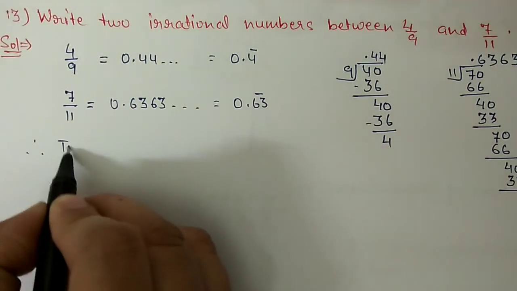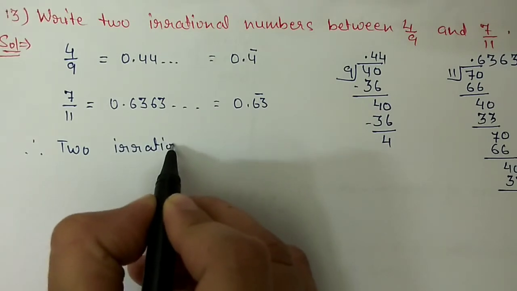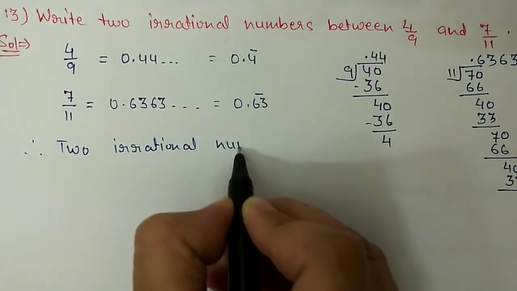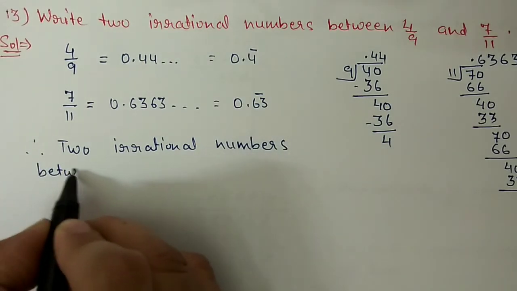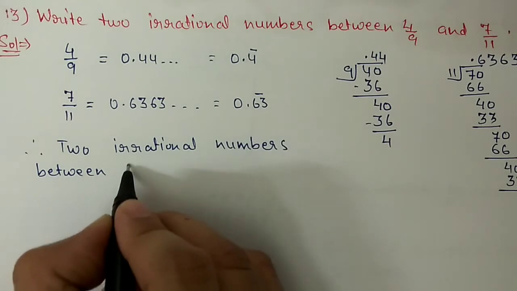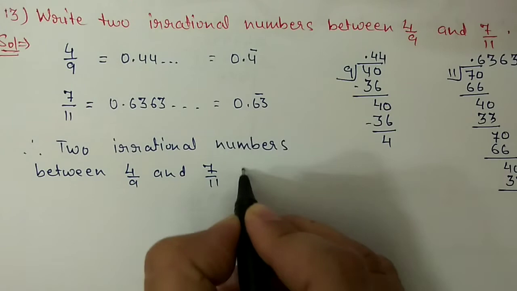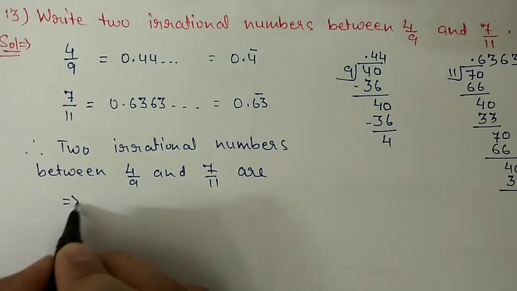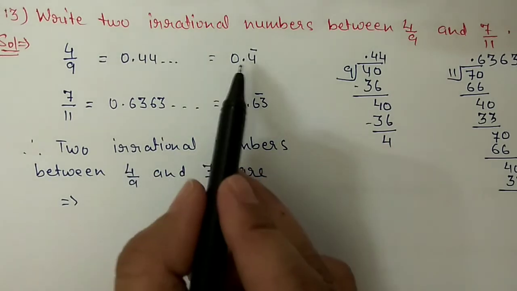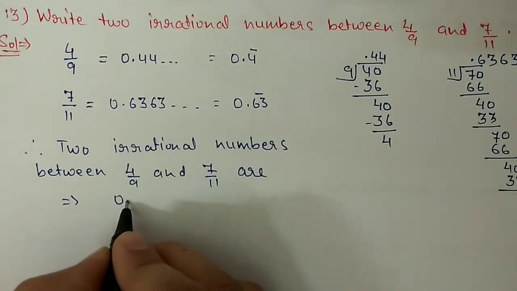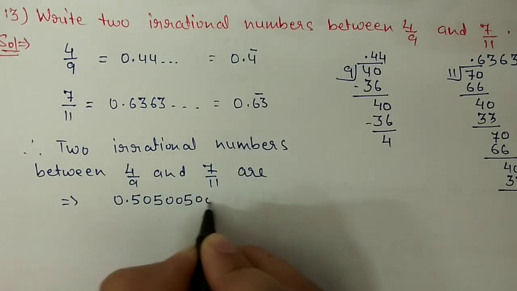Therefore, two irrational numbers between 4 by 9 and 7 by 11 are, we can write here, it is starting from 0.4, so we can start from 0.505, then 2 zeros, 5, then 3 zeros.